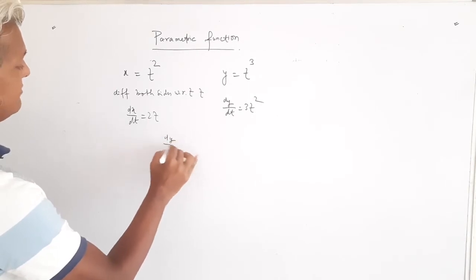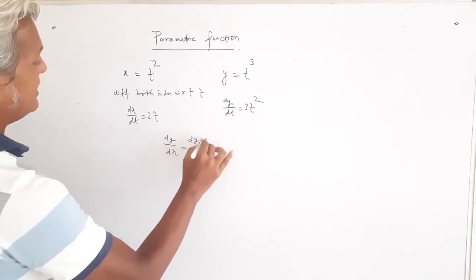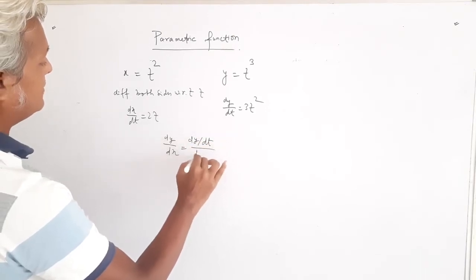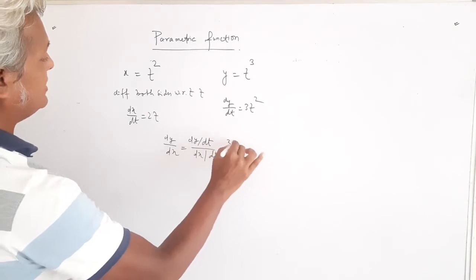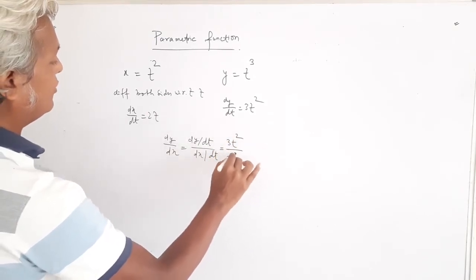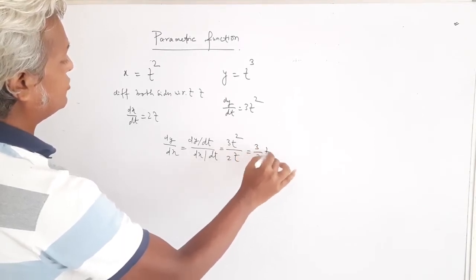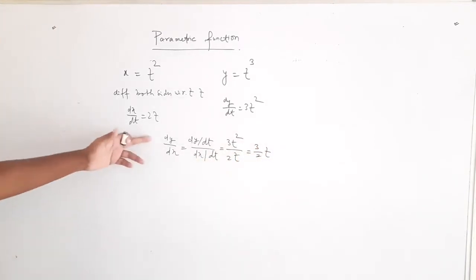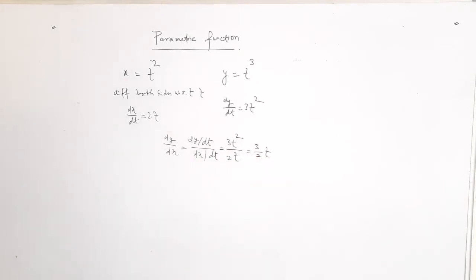Then dy by dx is dy by dt over dx by dt, that is 3t square over 2t, and that is 3t by 2. This is your answer. dy by dx is 3t by 2. So this is it.